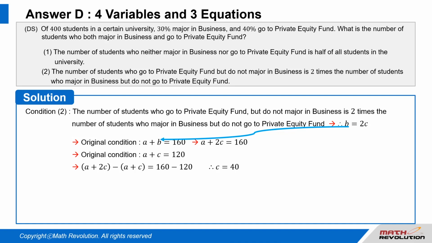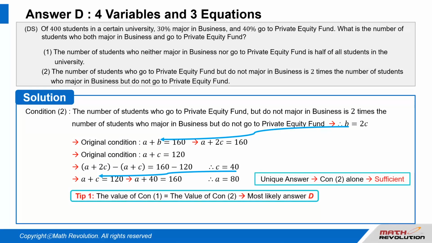That is, A plus 2 times C minus A plus C equals 160 minus 120, or C equals 40. By substituting 40 for C in A plus C equals 120, we get A plus 40 equals 120, or A equals 80. Since the answer is unique, this condition is sufficient.